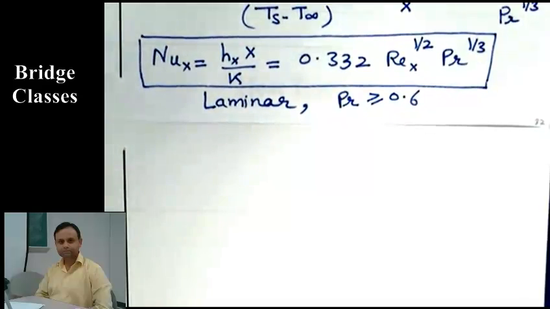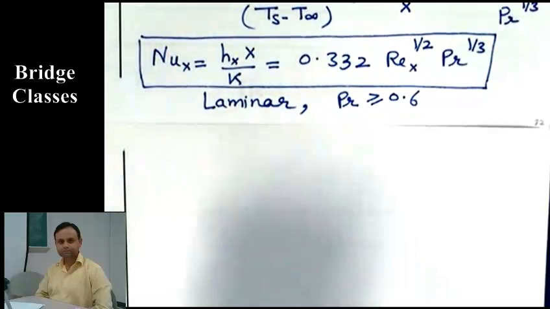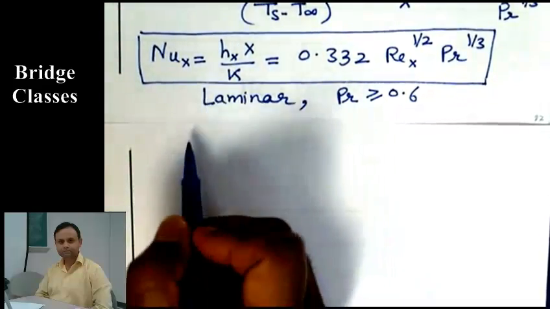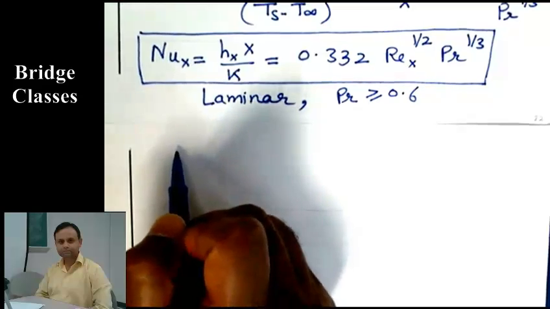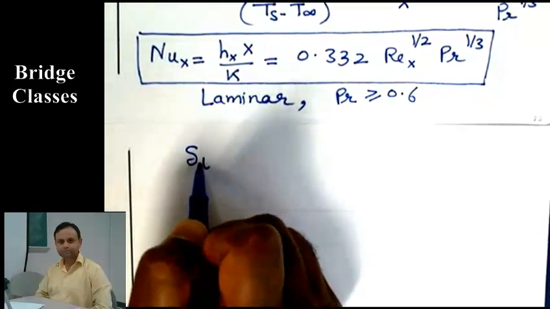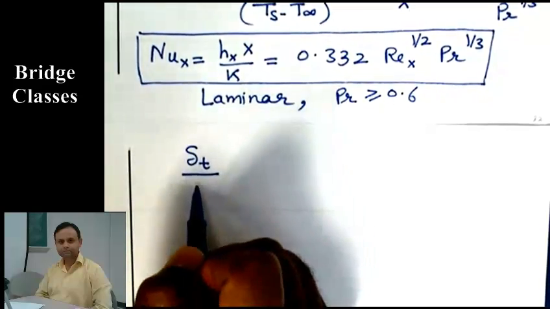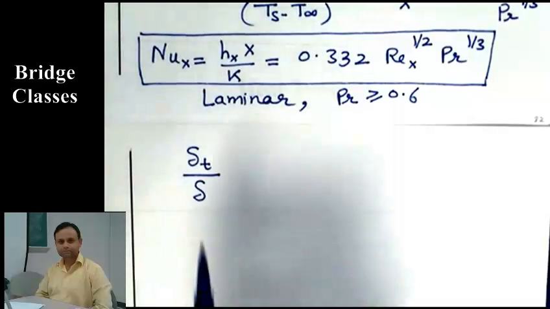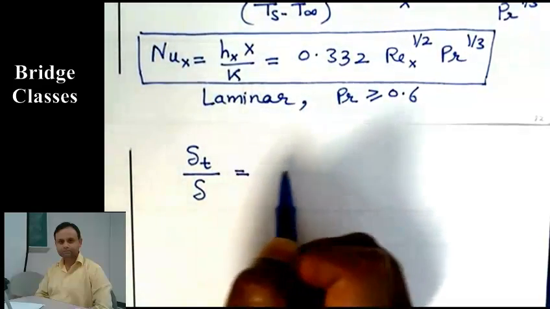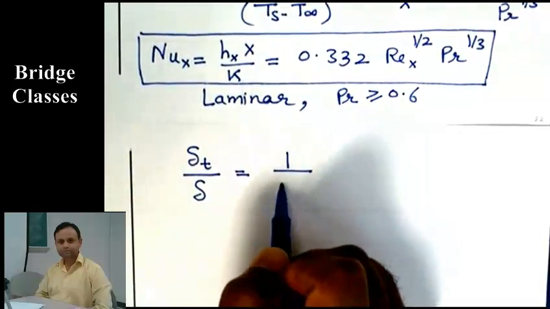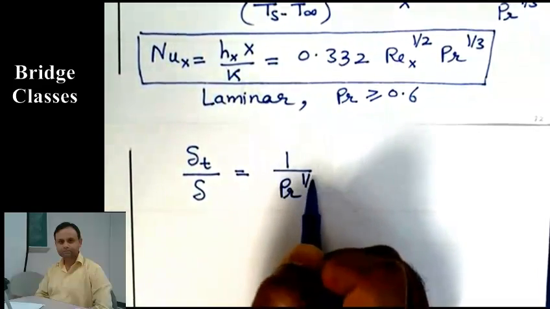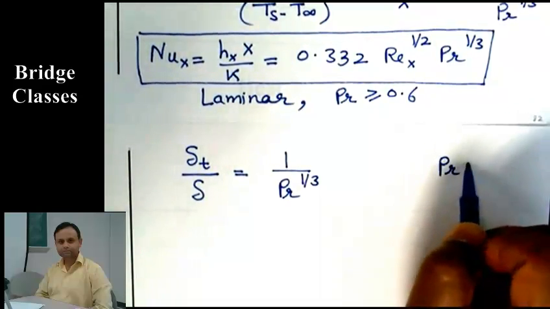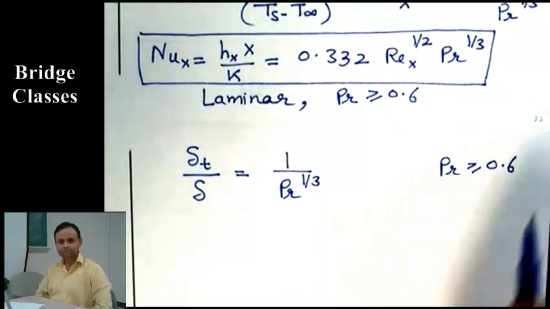We also get the thermal boundary layer thickness. I'm just going to write the final expression, skipping some of the intermediate steps. From this analysis, you get that the ratio of thermal boundary layer thickness to velocity boundary layer thickness, delta T over delta, is 1 over Prandtl number to the power 1/3. Again this is valid for Prandtl number greater than or equal to 0.6.